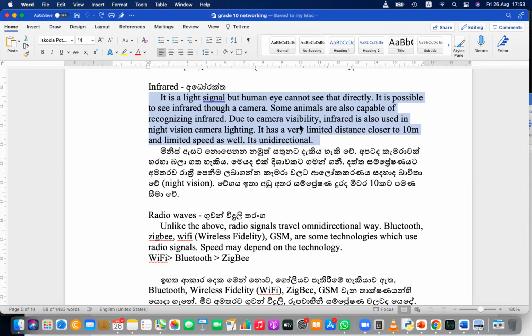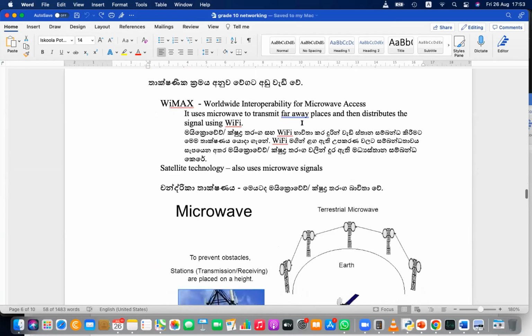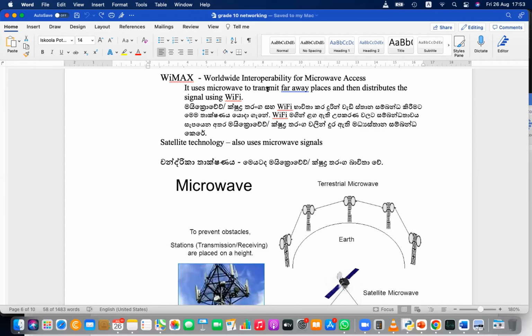Let's move to the next one. That is WiMAX, worldwide interoperability for microwave access.